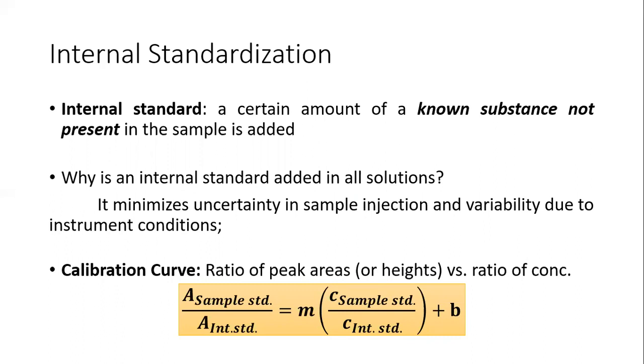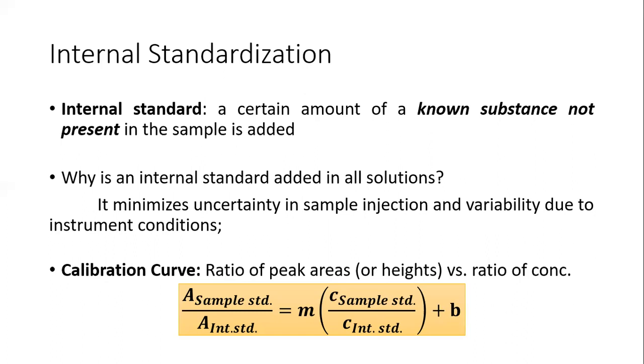Internal standards are also added, particularly in GC analysis, because there are errors that can be attributed to sample injections and the variability of the instrument condition. It is difficult to control the temperature and other conditions of the GC instrument, so that's why it's good to use an internal standard.